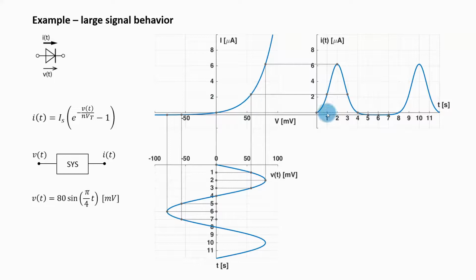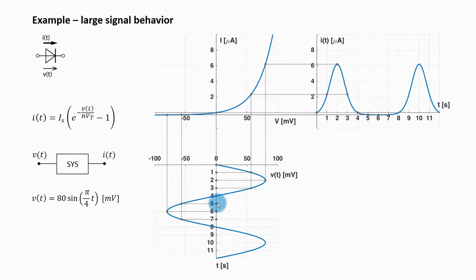At time 2, I will have this voltage, which will create this much current. At time 3, I have this voltage, which corresponds to this current through the diode. At time 4, the voltage is 0, and so will be the current.